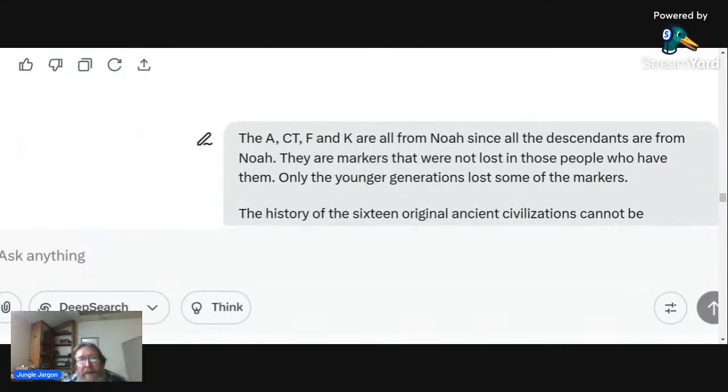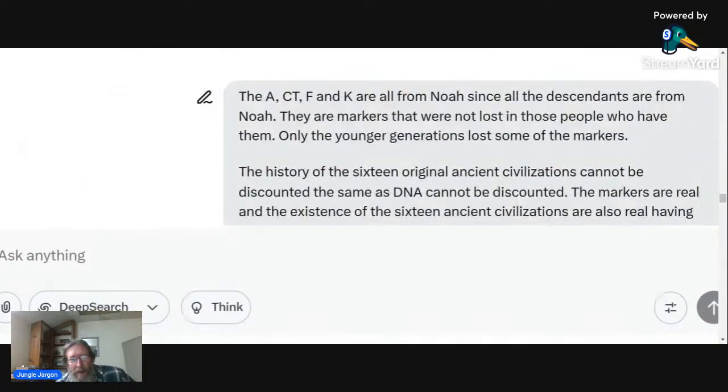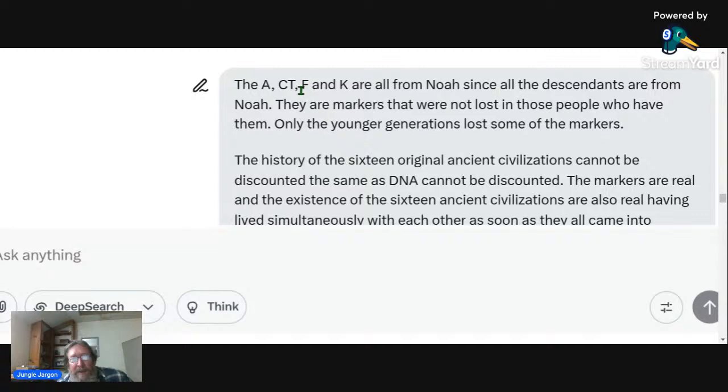Got a little repetitive here, but okay, the A, the CT, the F, and the K are all from Noah, since all the descendants are from Noah. They are markers that were not lost in those people who have them. Only the younger generations lose some of the markers.